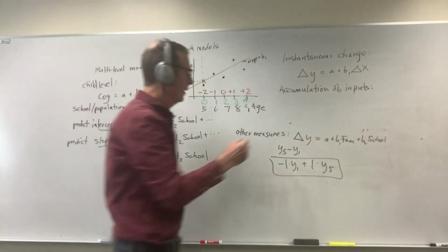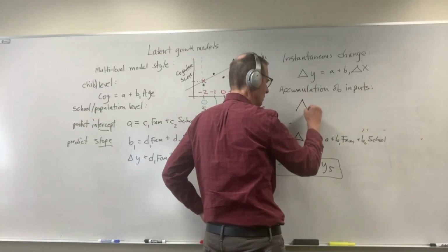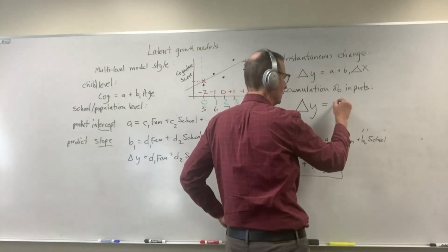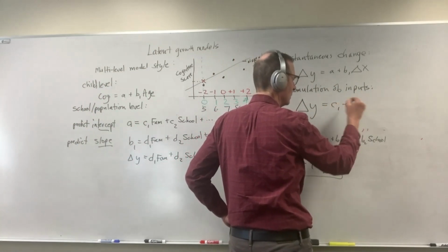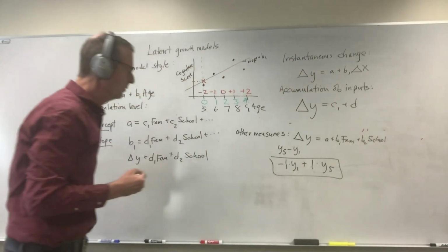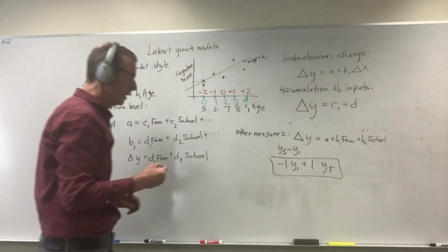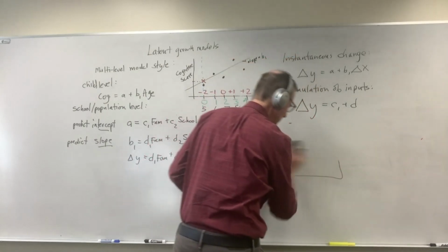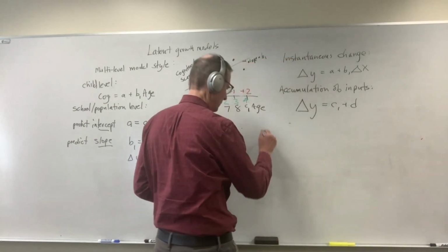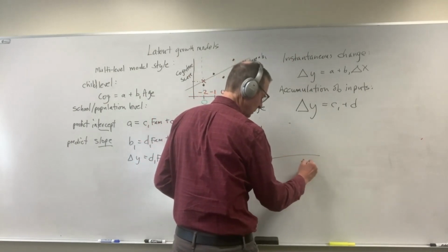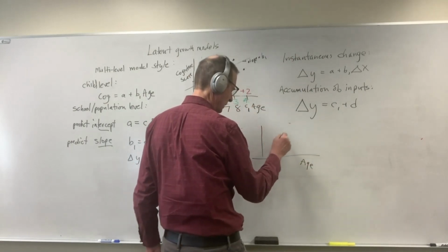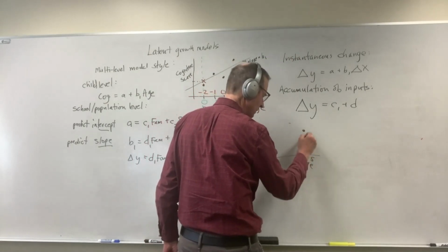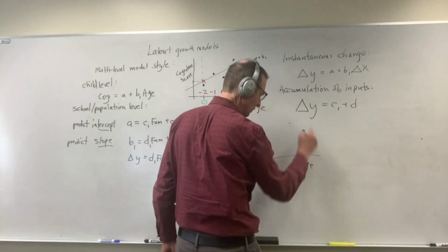Well, what did that look like? That indeed had a change in y on the left-hand side. But what was on the right-hand side, right? The accumulation of inputs model had, if you look at age, where someone was, let's say, at age 5. Well, let's bring up this example.